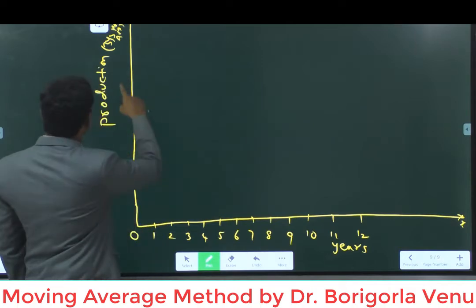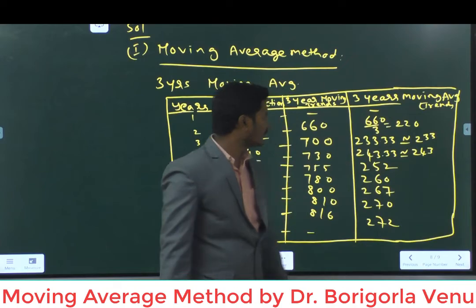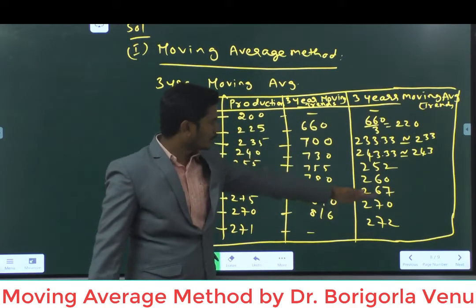Next, coming to the y-axis, here we are going to take the production. The production means we are going to take the moving average. This is our production.